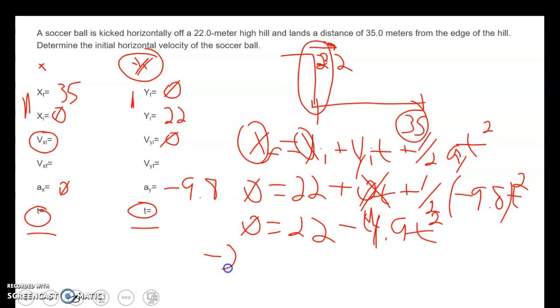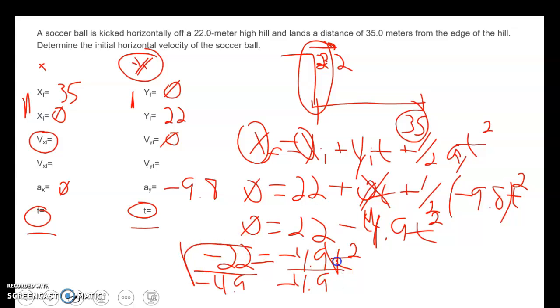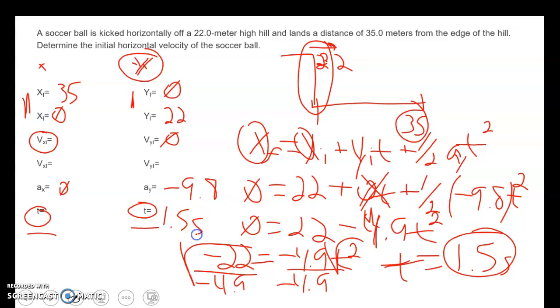Subtract 22 from each side, and I get this. Divide both sides by negative 4.9. And then I take the square root because my t is squared. And when I do all this math, I get my time to be 1.5 seconds. That tells me that in the y, it's 1.5 seconds to hit the ground.